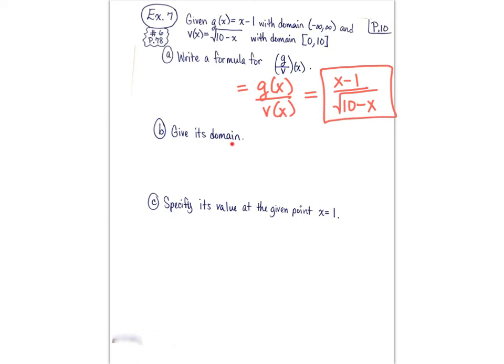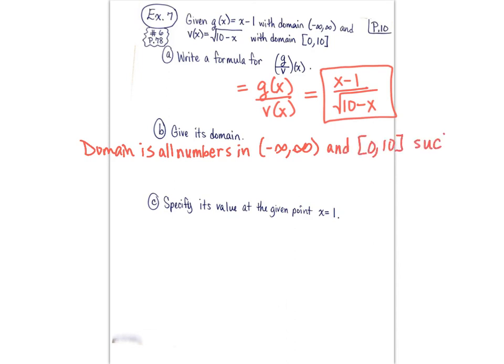Well, to give the domain of the formula, we know from the previous page, the domain is all numbers in negative infinity to infinity and the closed interval 0 to 10 such that the square root of 10 minus x is not equal to 0.